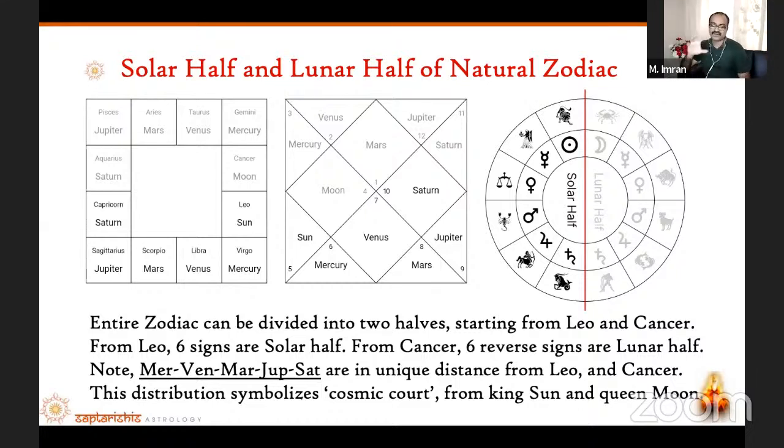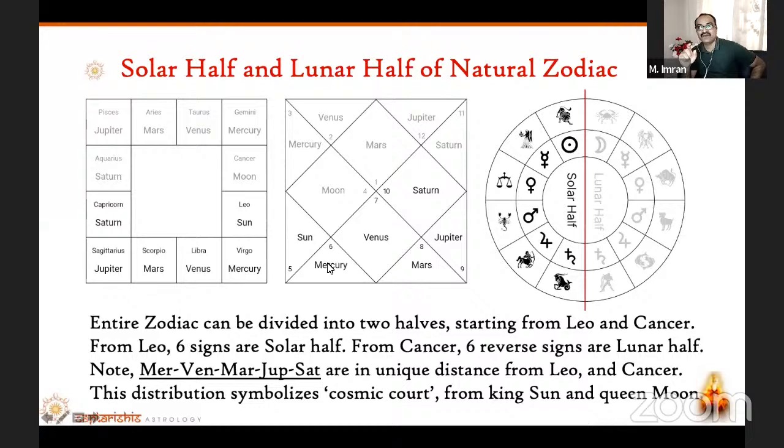These five have a beautifully aligned, unique distance with respect to Cancer and Leo. Just point out Leo in any chart, South Indian, North Indian, or any other chart, and count from Leo.